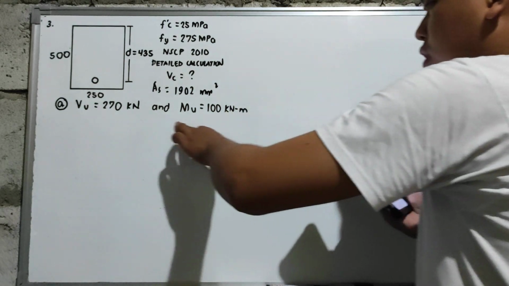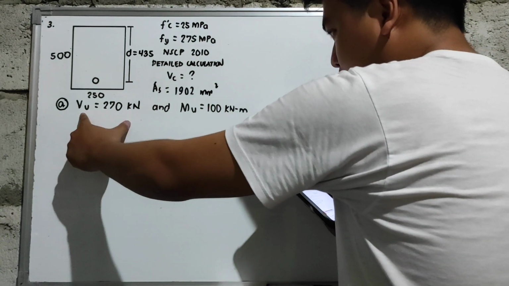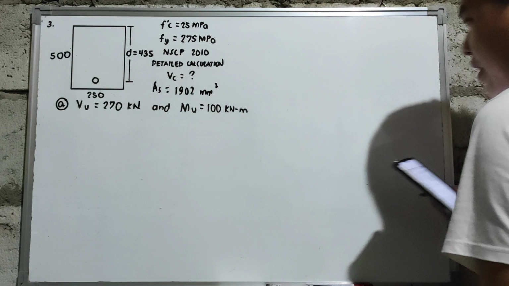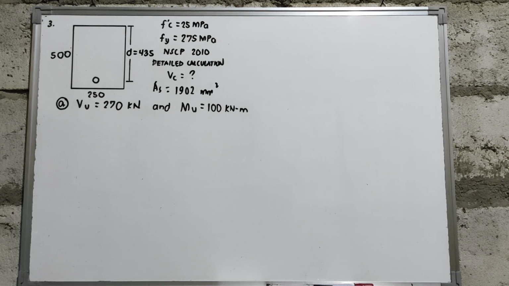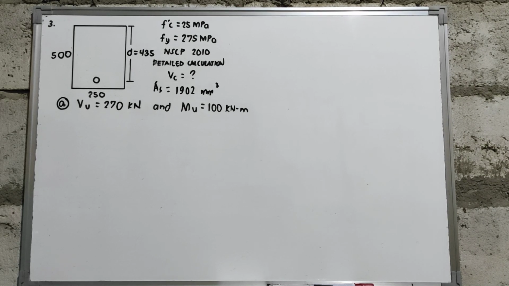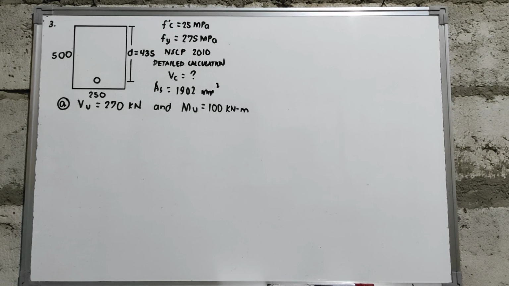The first we will consider is we have a Vu, which is equal to 270 kilonewton, and a value of your ultimate moment, which is equal to 100 kilonewton meter. We get those values when we are cutting at a distance d from the support, and then we take a cutting section to get the shear and moment at that point.